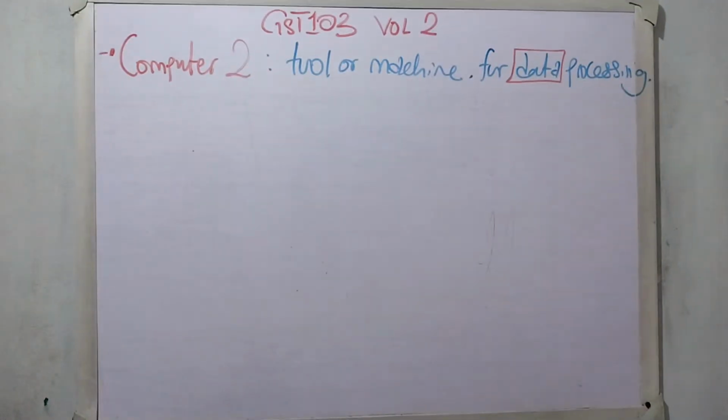You remember in our last class I said data can also be translated as information. So data can also be seen or referred to as information. I beg your pardon, instructions.